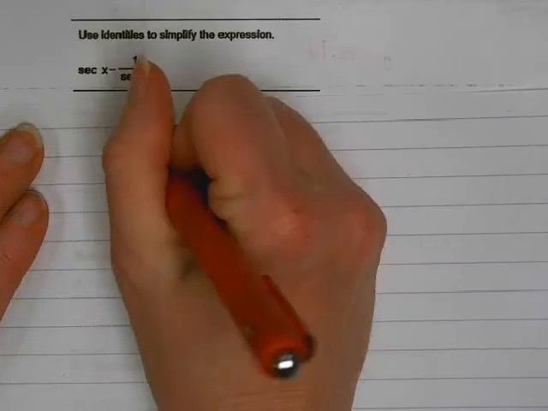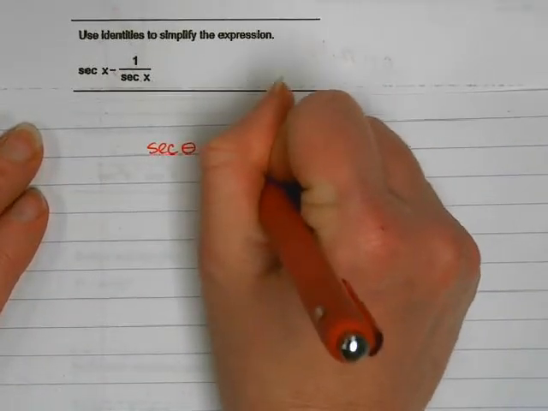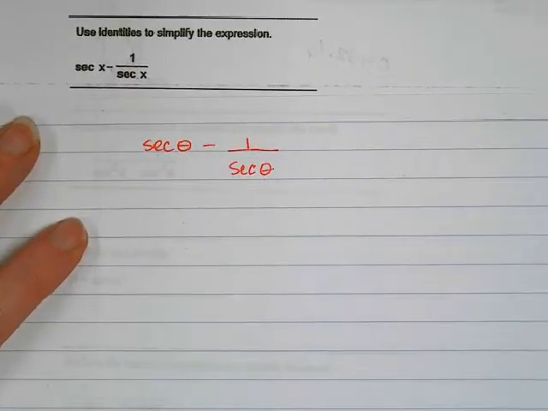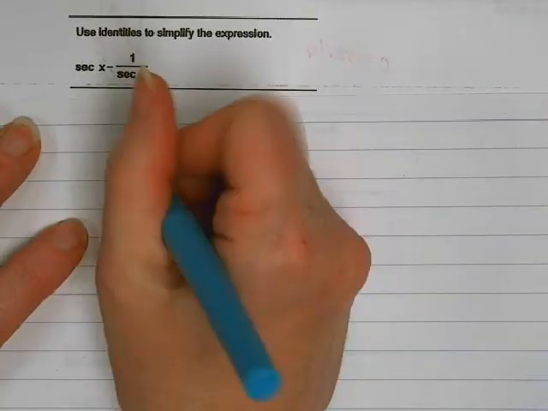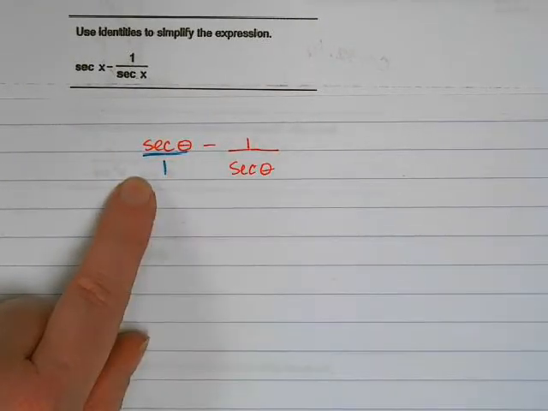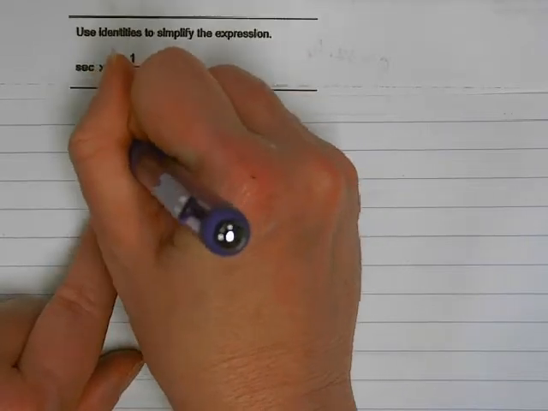Secant theta minus 1 over secant theta. Anytime you have one like this, the whole goal is to get them all together, which means you're going to have to find a common denominator. So right now, this is secant over 1, and in order to put them together in one piece, I need this to have a secant on the bottom. So I'm going to multiply that first fraction by secant over secant.